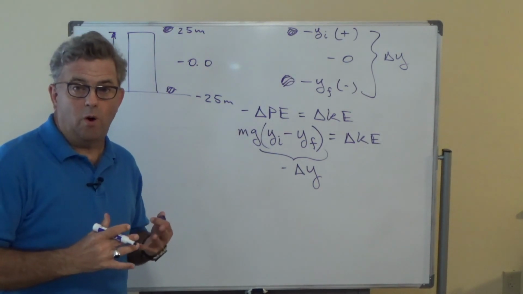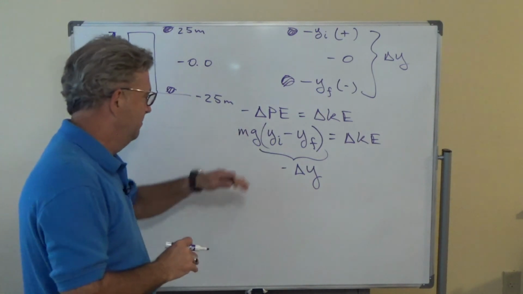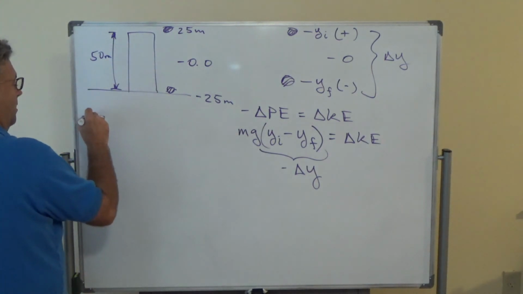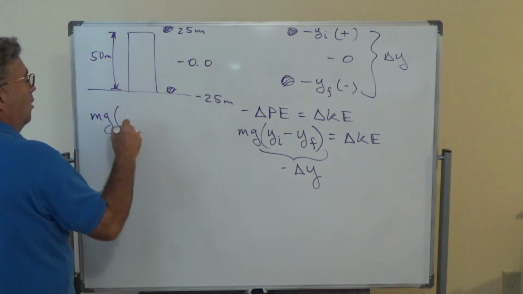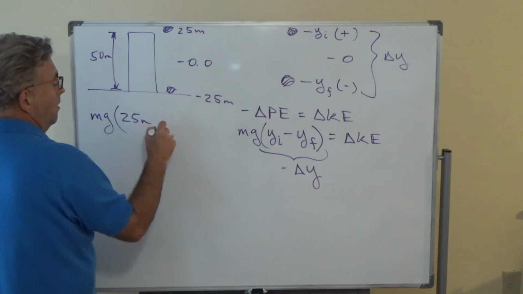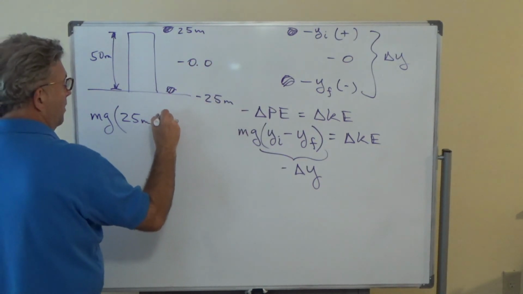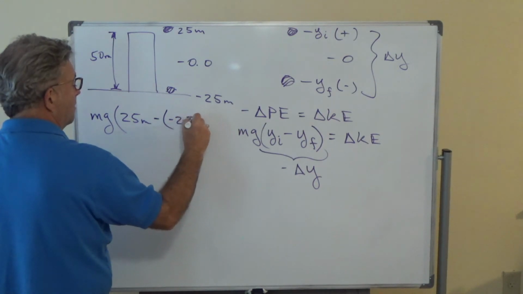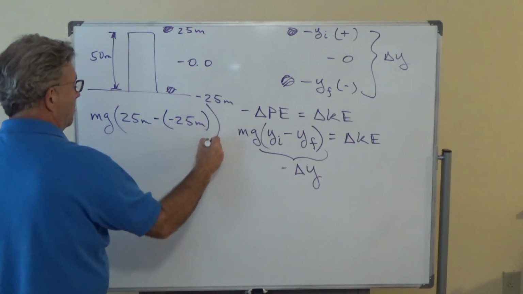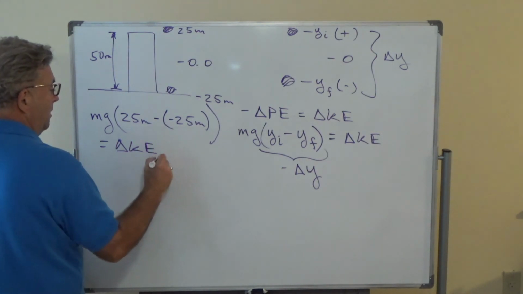Before we had 0 and 50. So mg, y initial, 25 meters. y final, negative 25 meters. That equals delta KE.